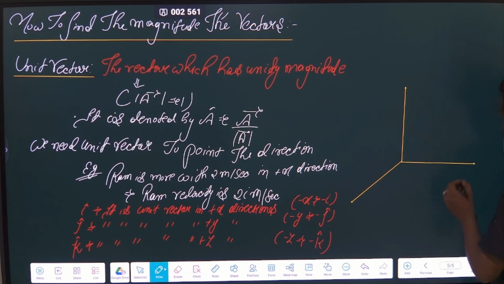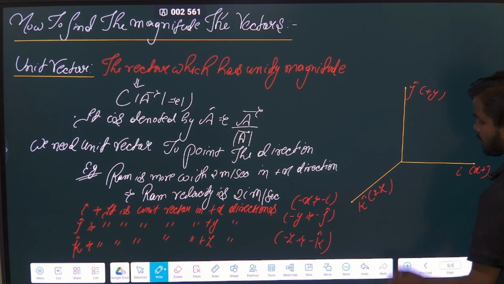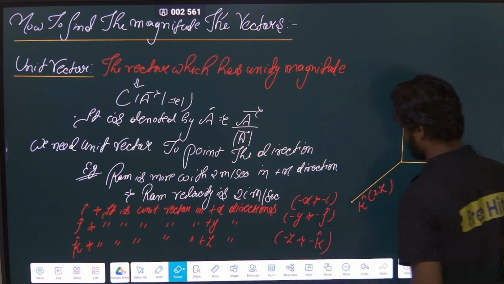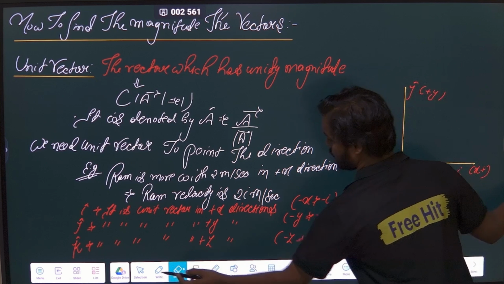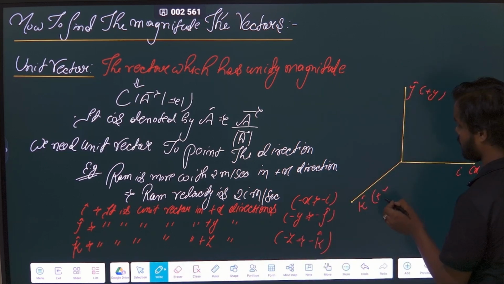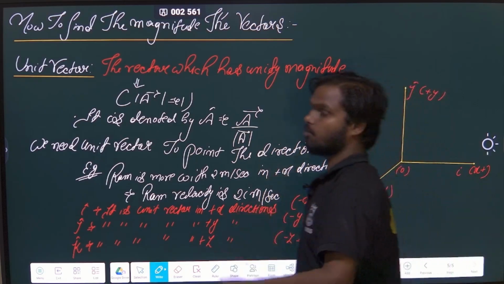So this is my i, positive x axis. And this will be my origin. Clear? So this is how we represent the unit vector.